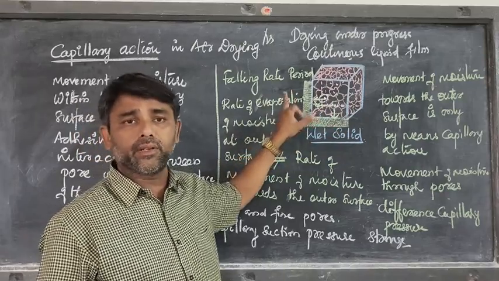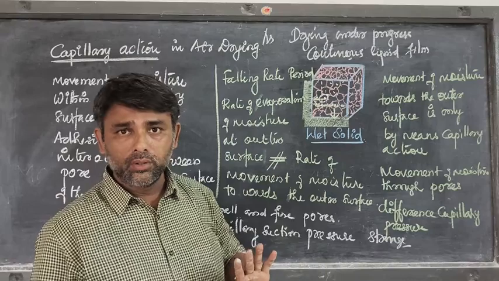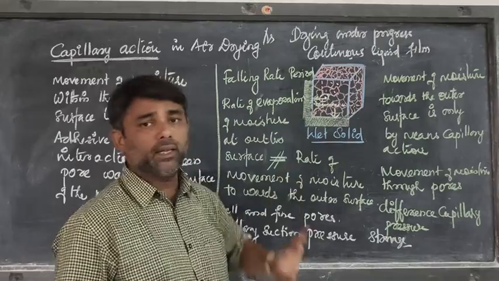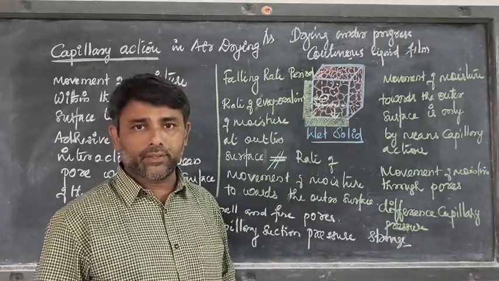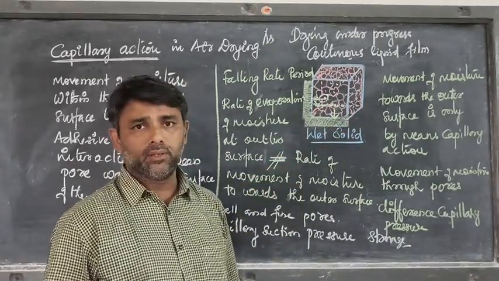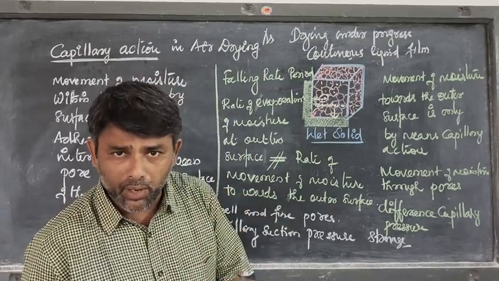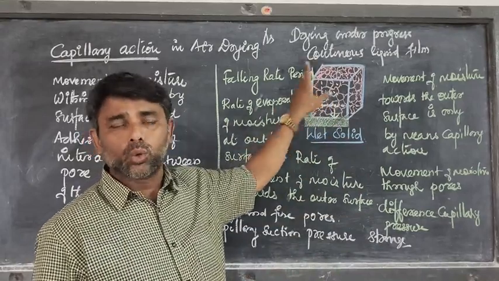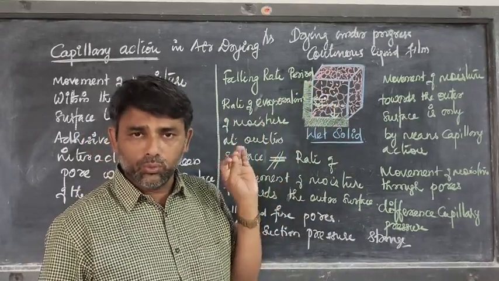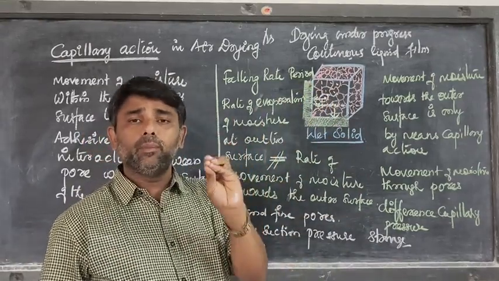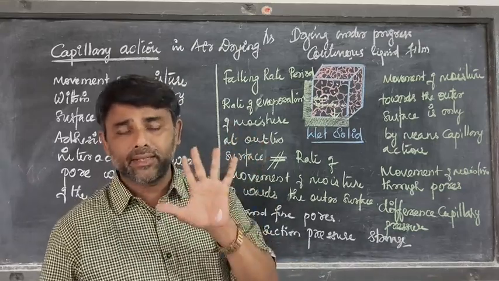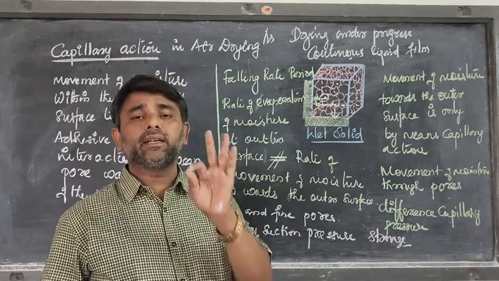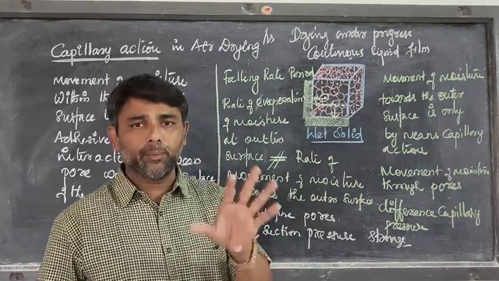Rate of evaporation of moisture is more than the rate of movement of moisture towards the outer surface. In such a situation, movement of moisture towards the outer surface through pores is only because of capillary action. Capillary action is nothing but capillary pressure difference, difference in capillary pressure.